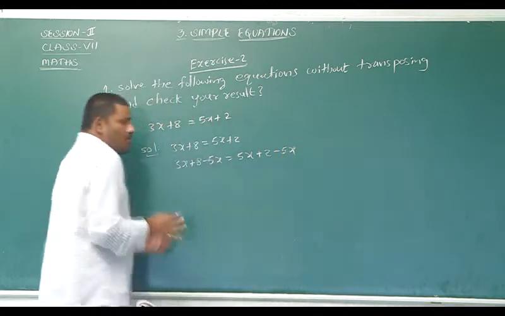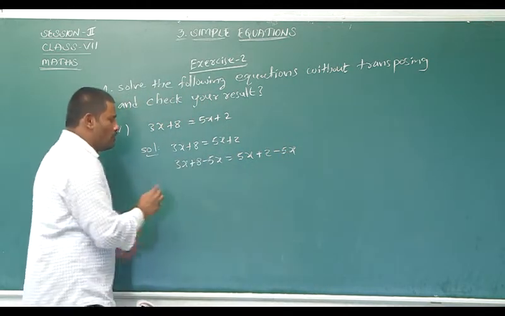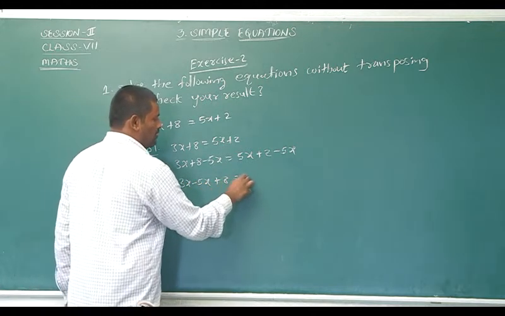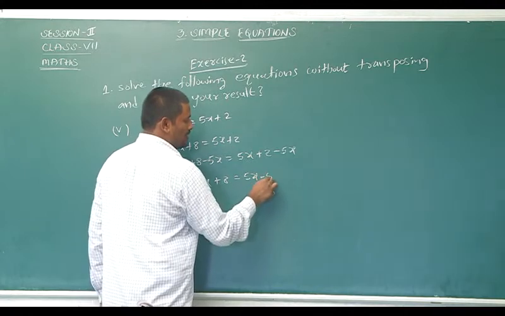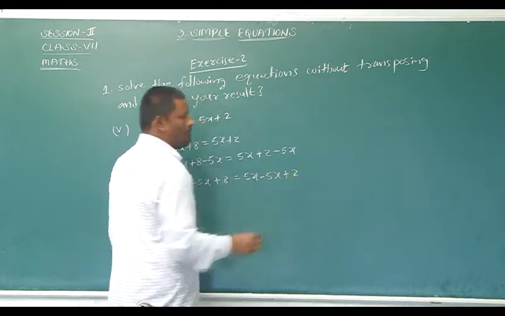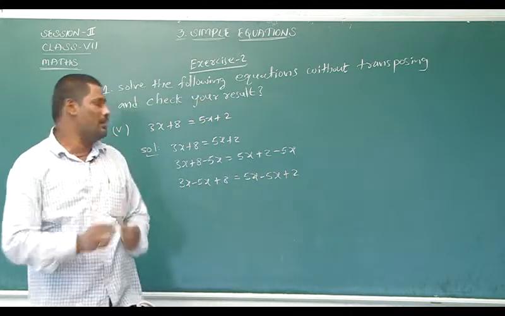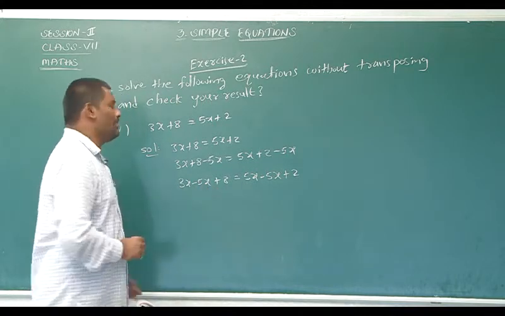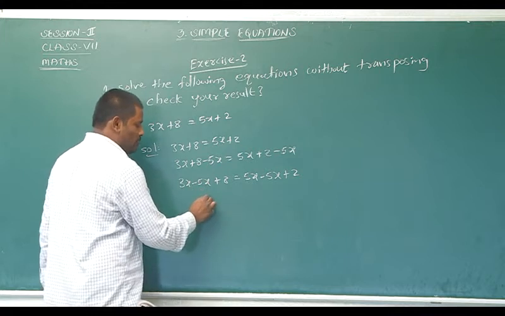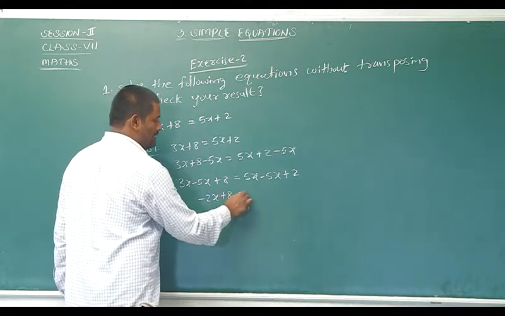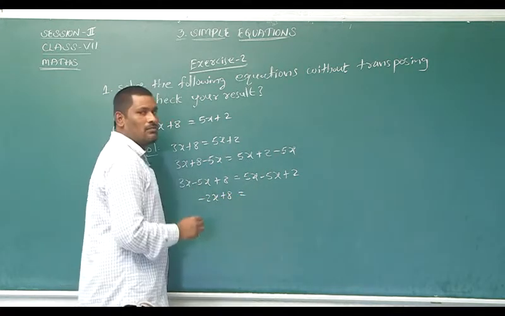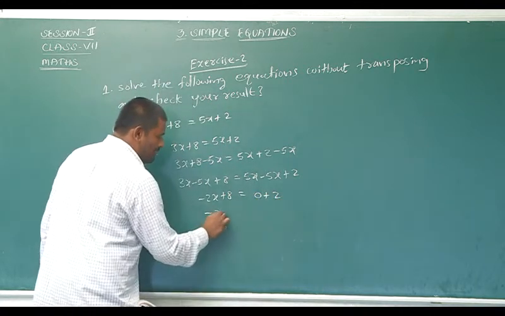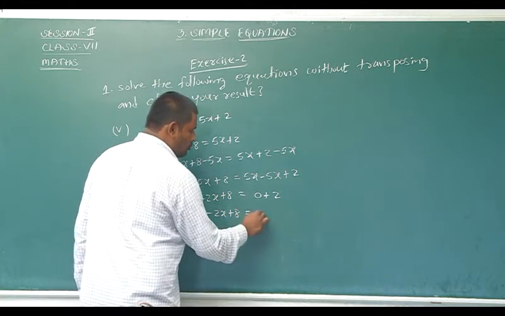Then I group the same terms: 3x minus 5x plus 8 equal to 5x minus 5x plus 2. 3x and 5x are the same terms, that's why I made a group. Now 3x minus 5x gives minus 2x plus 8, and 5x minus 5x gives 0, 0 plus 2. So minus 2x plus 8 equal to 2.